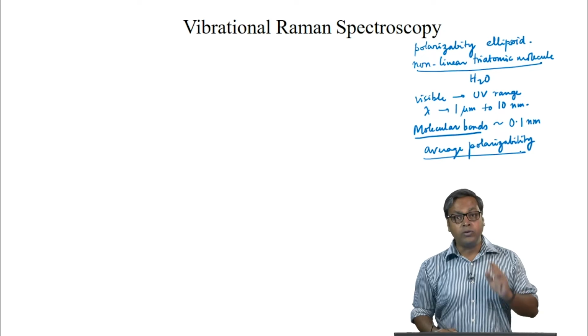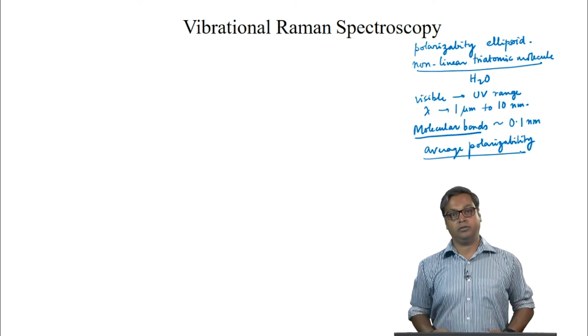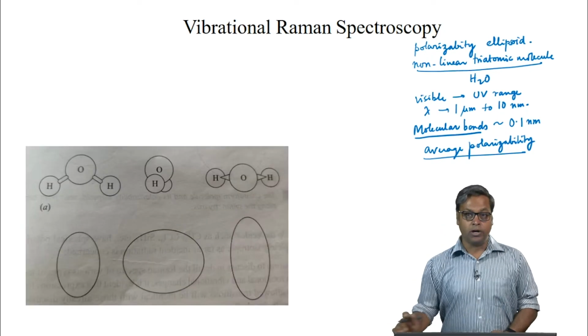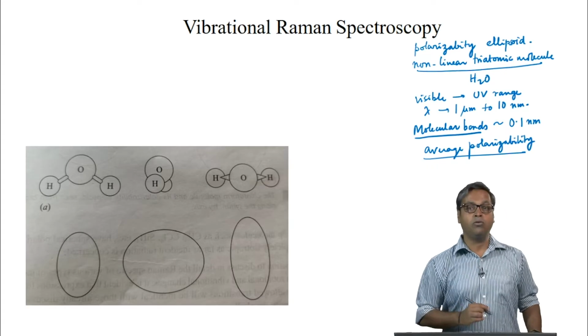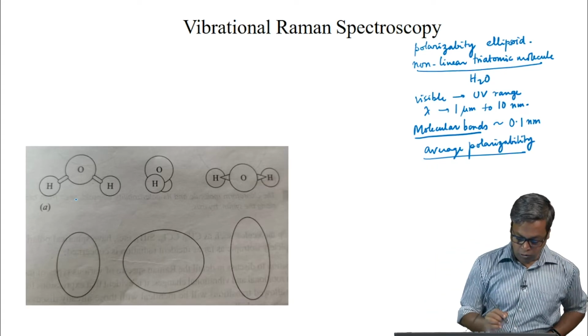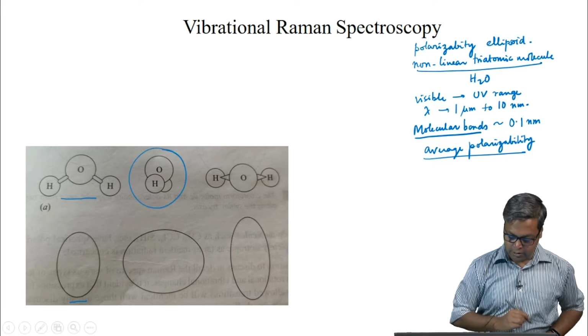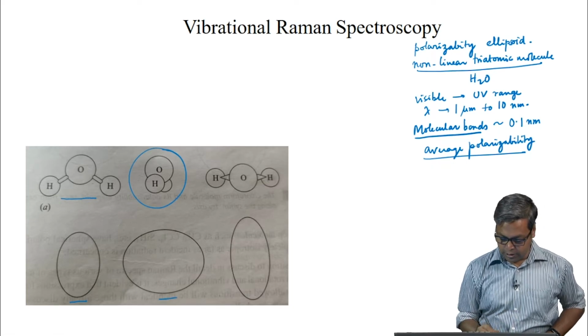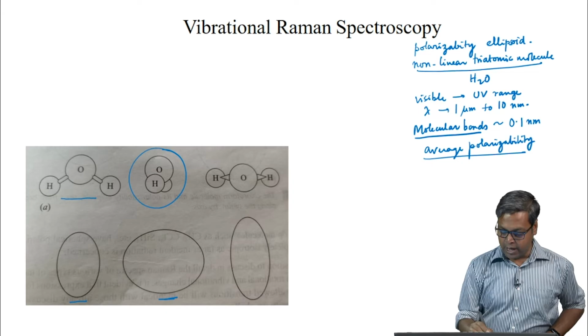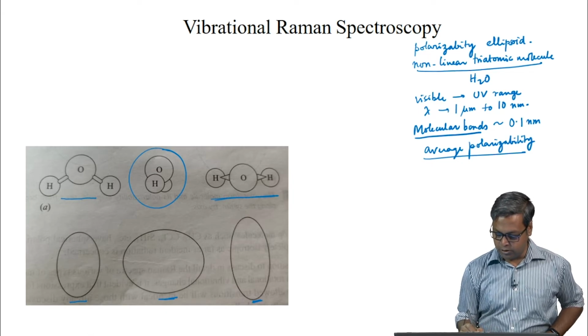So, all the three ellipsoids are also different. The ellipsoids in various orientations are shown in this figure. For this orientation, we have this ellipsoid. For this different orientation, the ellipsoid looks like this, and if you look from this direction, the ellipsoid looks this way.